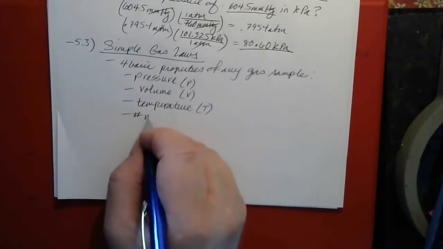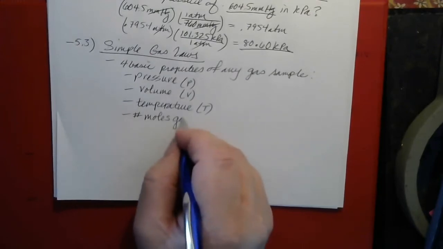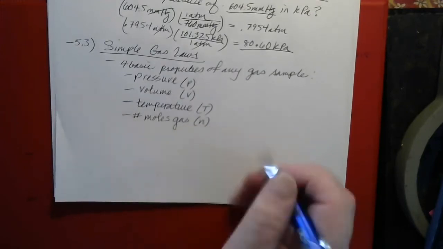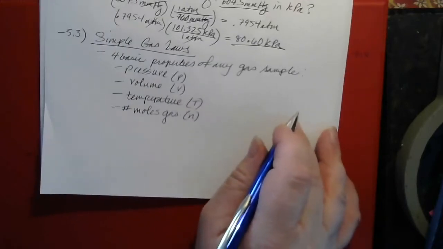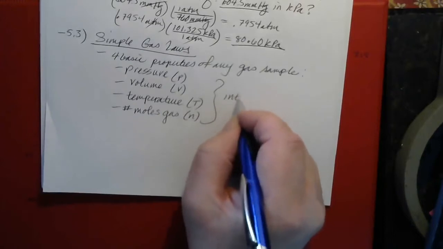We usually use moles to quantify the particles of gas, and lowercase n for number of moles. These are, in fact, interrelated with each other.